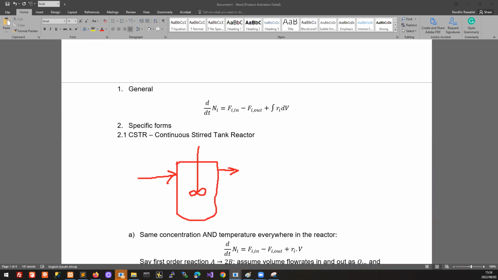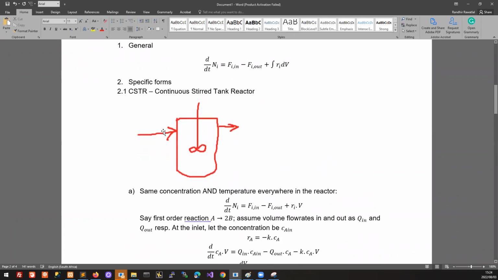Yes, sir. Is it because we have to control the inlet flow rate and the outlet flow rate? So that's true. We do have to control those. To get good performance, we're going to have to control those flows. So that's one thing.